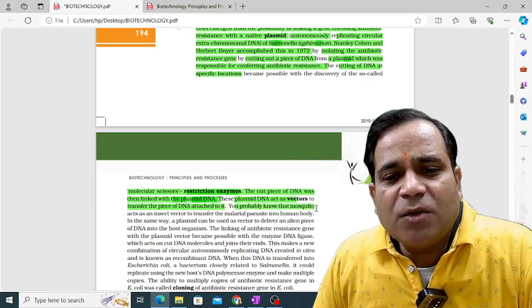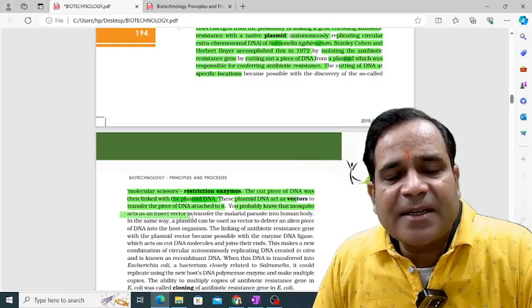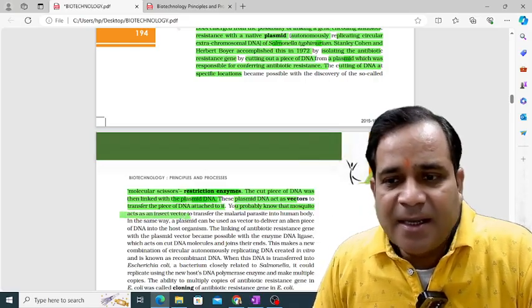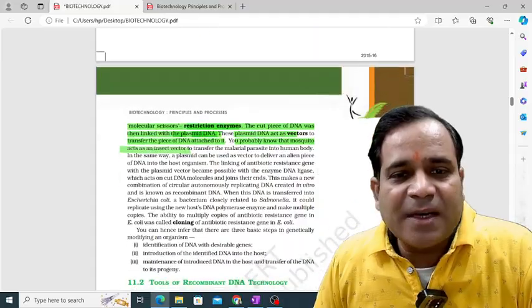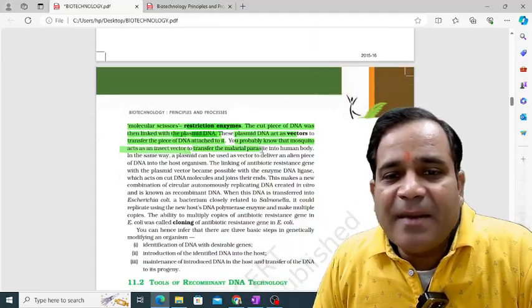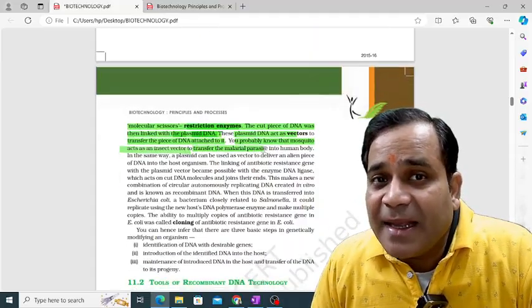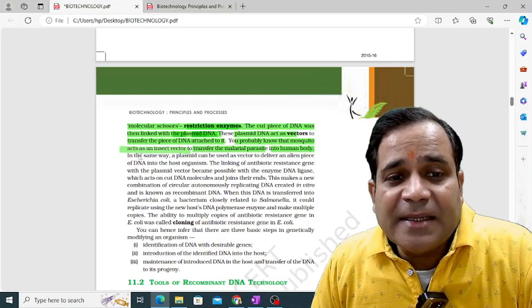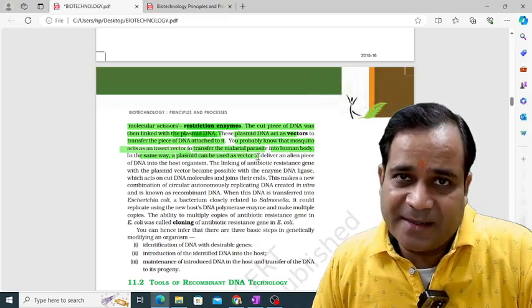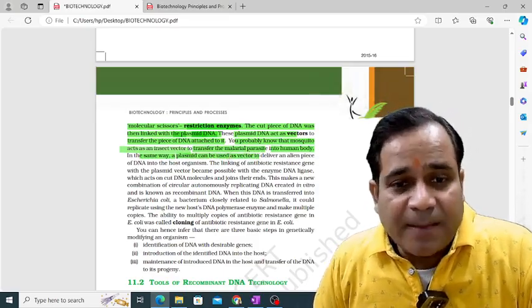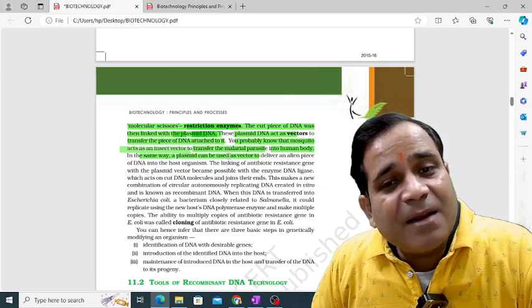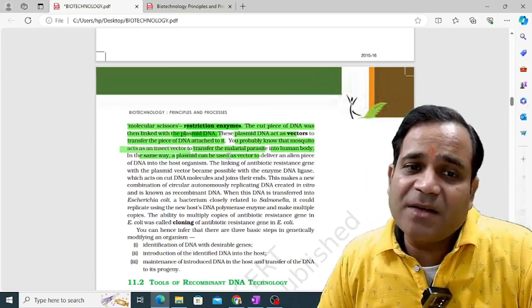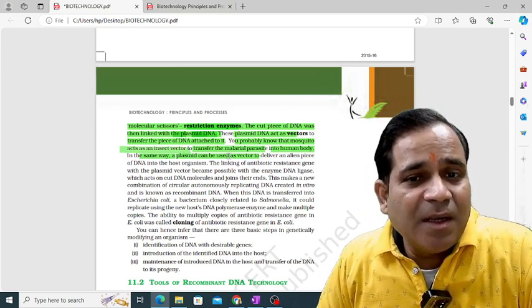You probably know the mosquito acts as an insect vector, my dear, to transfer the malarial parasite into the human body.